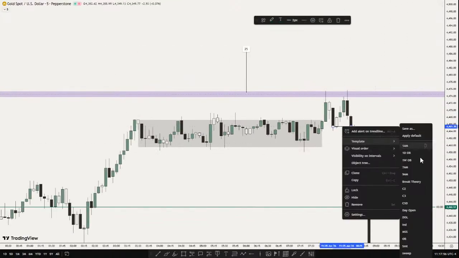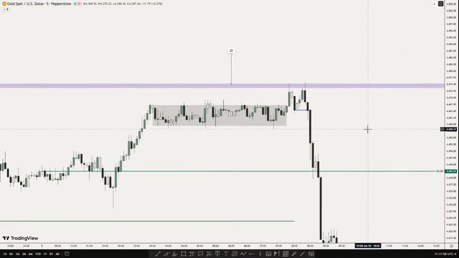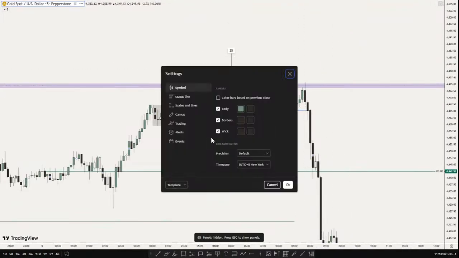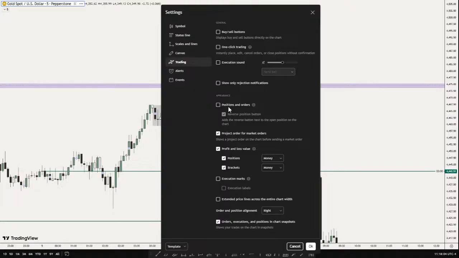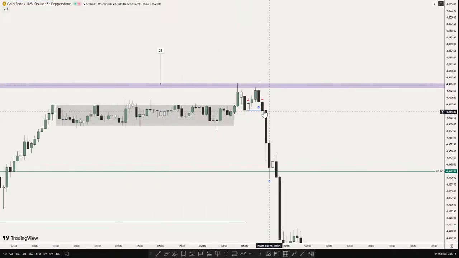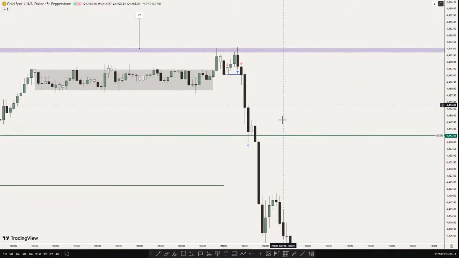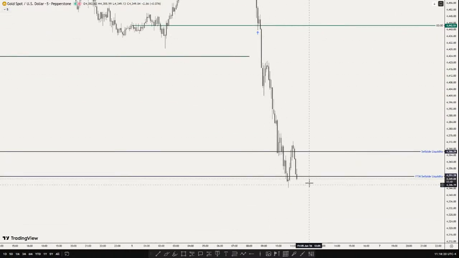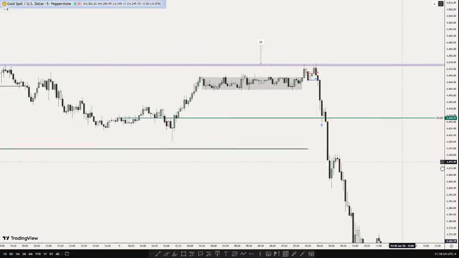So when we had the CSD, I went and took my sell on this candle here when price was breaking this low. So I took the sell here, and then I exited on the midnight opening price, and then price ended up going towards the original sell side liquidity target.